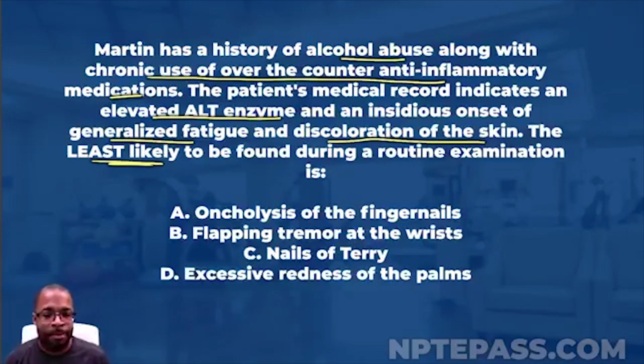A. All right. We said it was onycholysis of the fingernails. Sorry, I'm messing up the name too. Well, what really is that? A lot of times we see this when a patient has repetitive trauma to the nail bed. It's where we have detachment of the nail from the nail bed, and it starts distally.